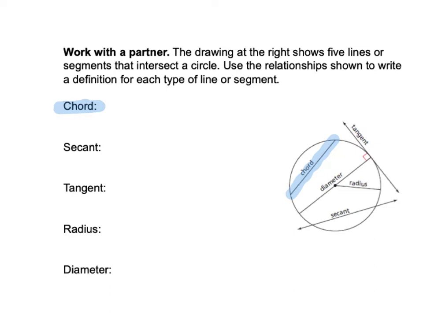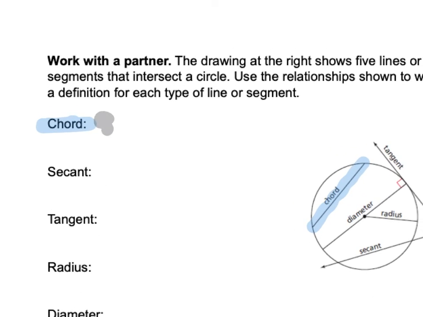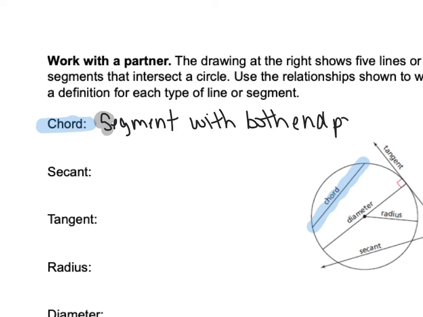So when I describe what a chord is, I'm going to say it's a segment with both endpoints on the circle. Here's my chord. Here's one endpoint. Here's the other endpoint. Notice that a chord goes through the circle. Obviously, if it has two endpoints on the circle, it goes through the circle.